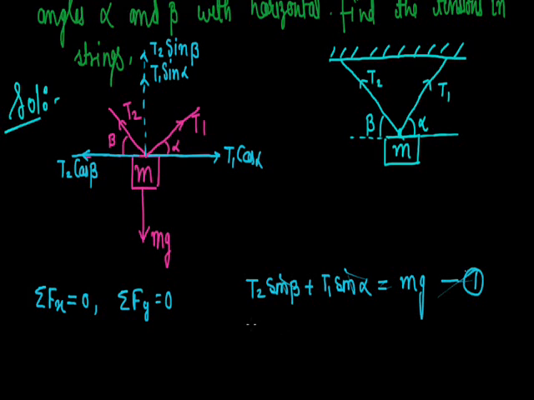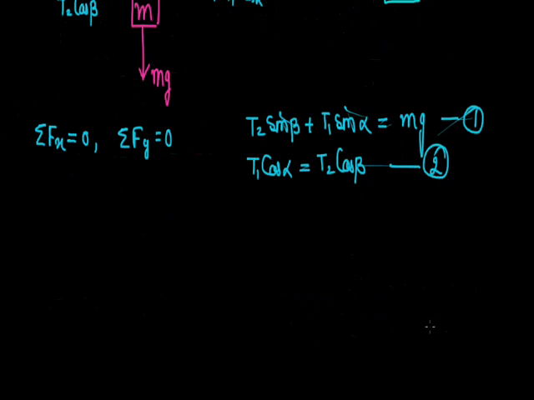Equation 1. Similarly, equation 2 in horizontal direction can be written as T1 cos alpha equals T2 cos beta. Equation 2. Now, from these two equations, we have to find out the tensions T1 and T2. Here, there are two equations and two variables T1 and T2.